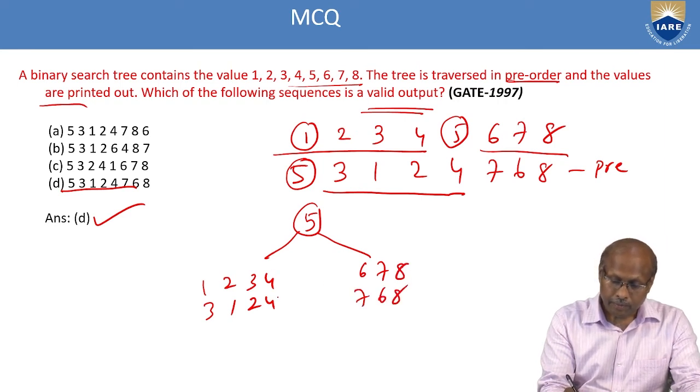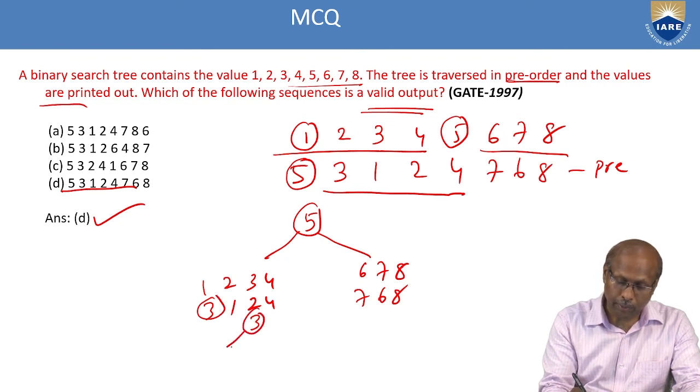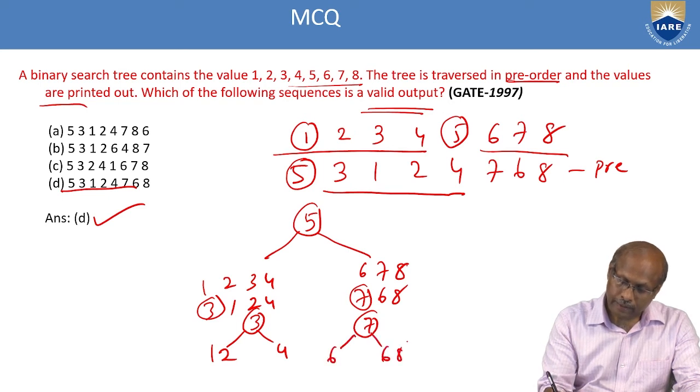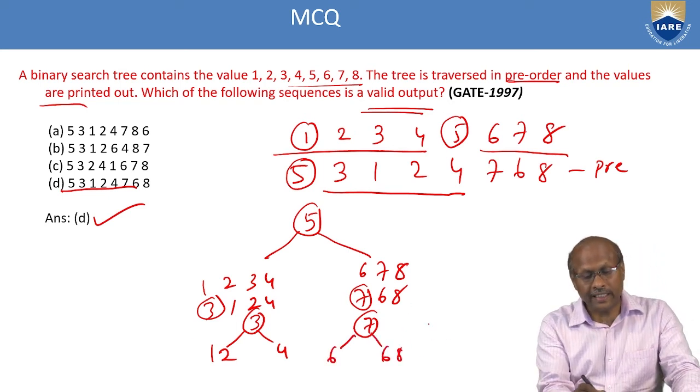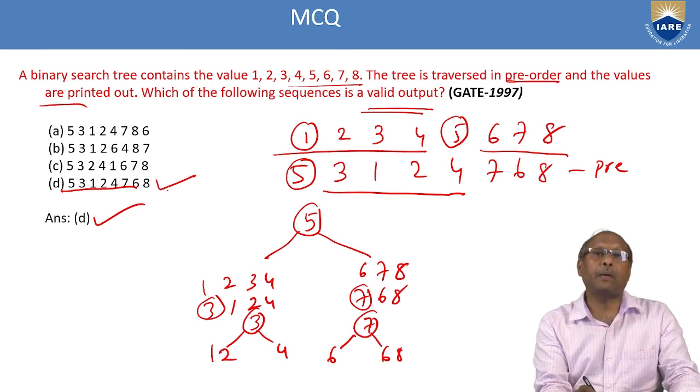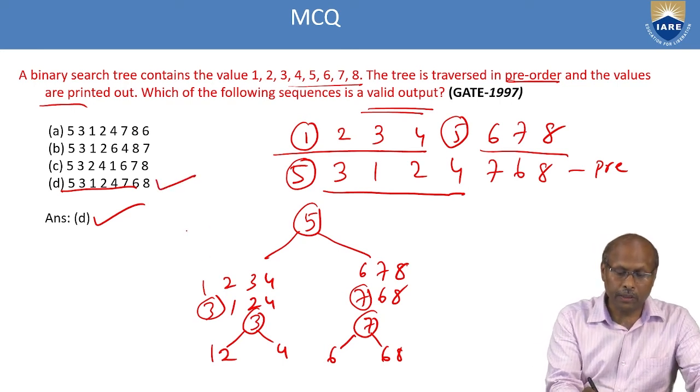Here in the pre-order, 3 is the root. If 3 is the root, left will be 1 and 2 and right will be 4. Similarly here 7 is the root, with 6 on the left and 8 on the right. So if I take this, I can construct a binary search tree properly, whereas the remaining are not possible.